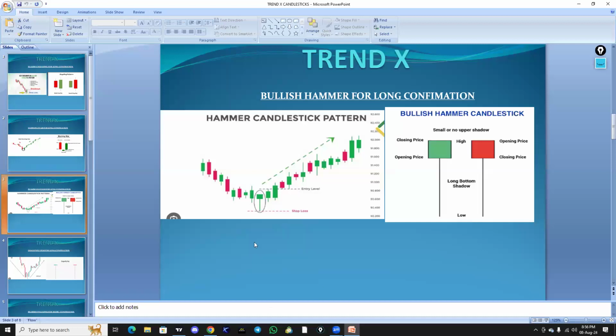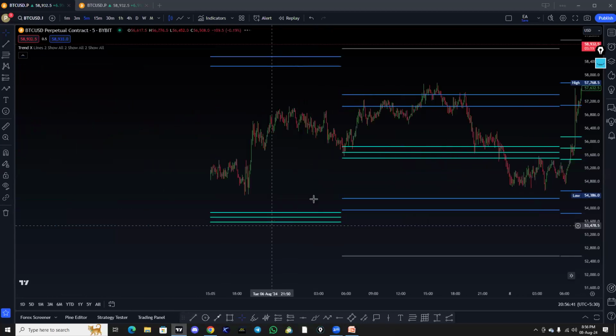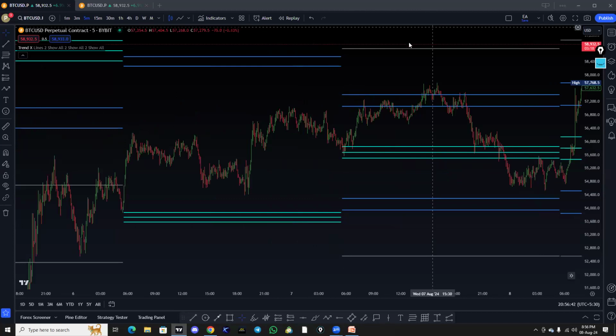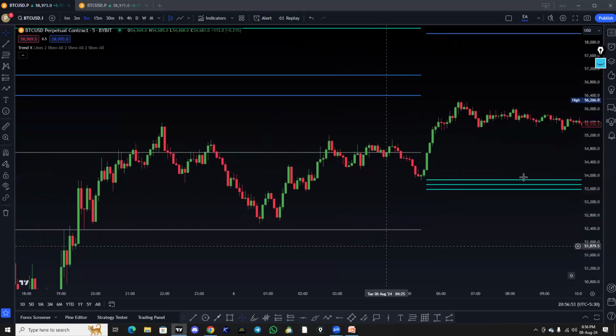Okay. So now hammer. Okay, let me show you a morning star, a few morning stars, how it looks. Okay. So you can see, guys, this is a morning star.